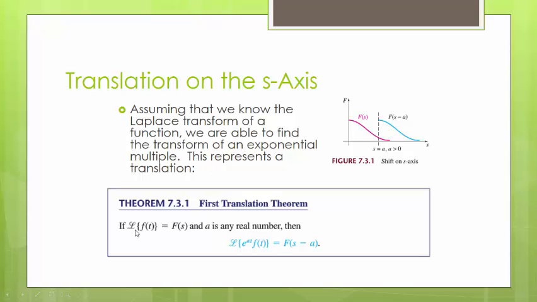If you take the Laplace transform of e to the at, the product of an exponential with that function, then fortunately you will just have the Laplace transform of f of t evaluated at s minus a, so composed with the function s minus a.